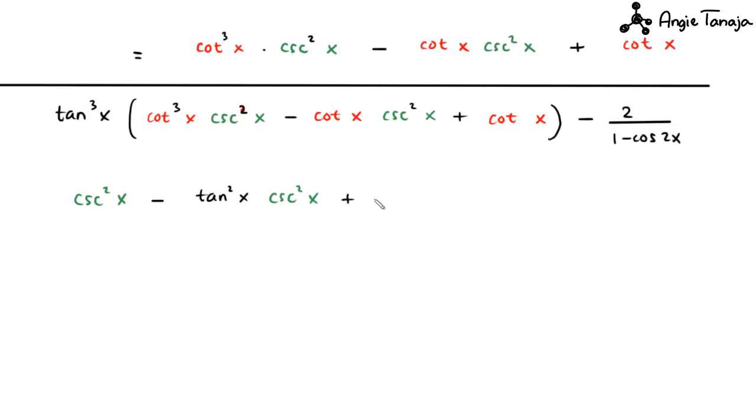Plus tan kuadrat x. And because we also consider about the degree, the angle here is double angle. So we're gonna change this double angle to be single, right? 1 minus cos is equivalent to 2 sine square x. So then what you have right now, you can cancel the cosecant square. And then tangent is sine over cos.